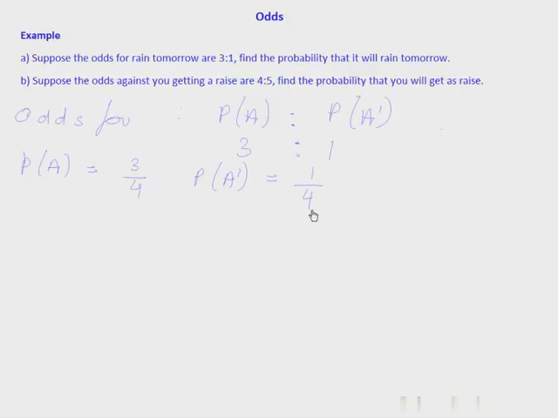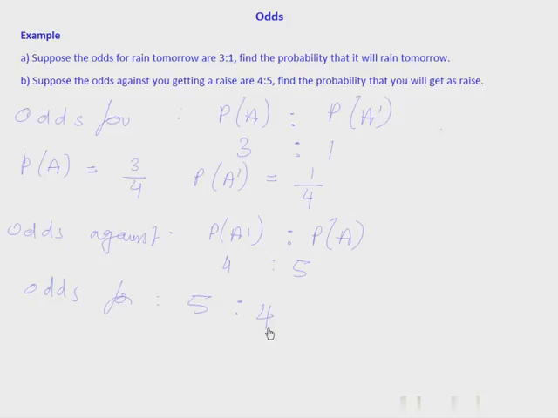Suppose the odds against you getting a raise are 4:5. Remember that odds against is P(A complement) is to P(A), is that ratio. So that's 4:5. So my odds for is 5:4. That's P(A) is to P(A').